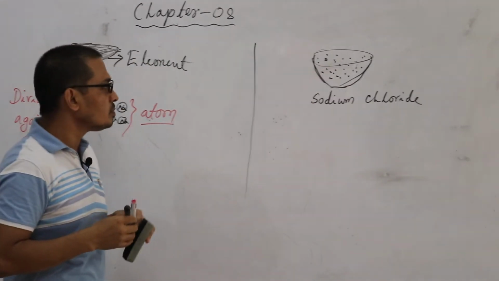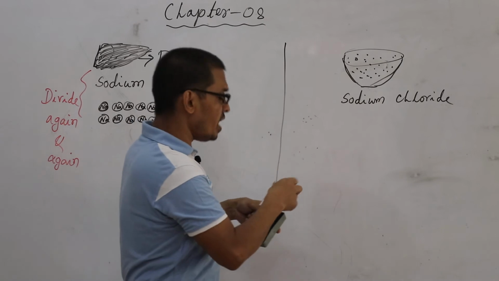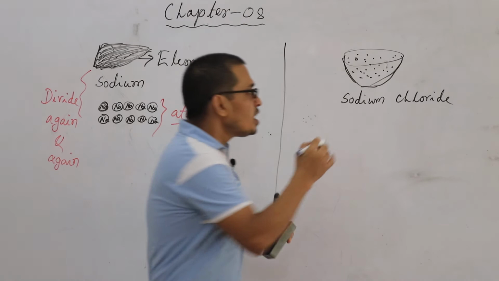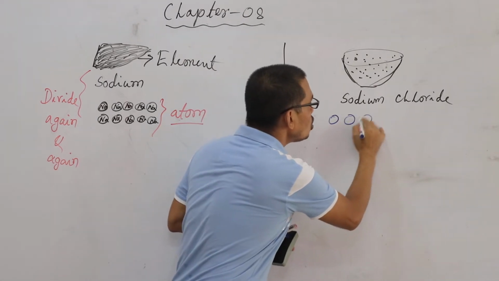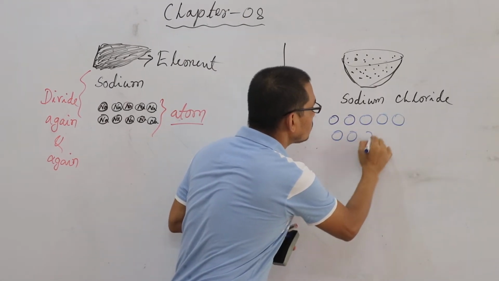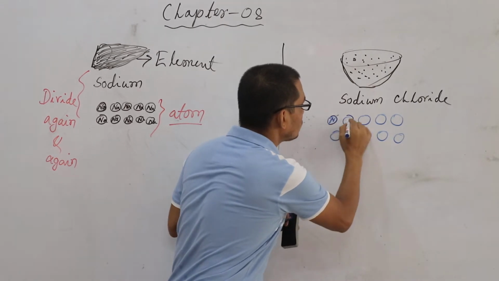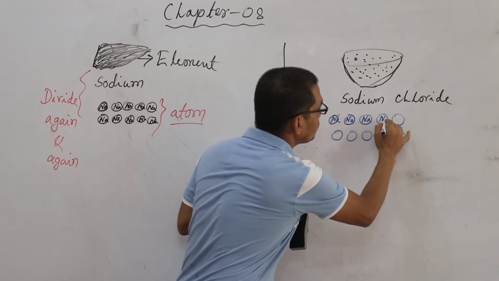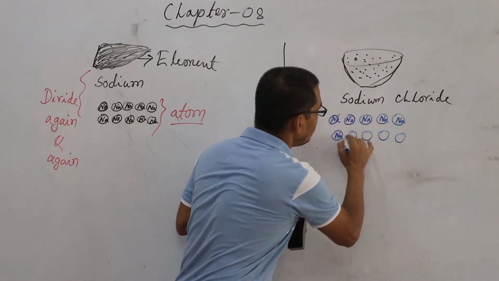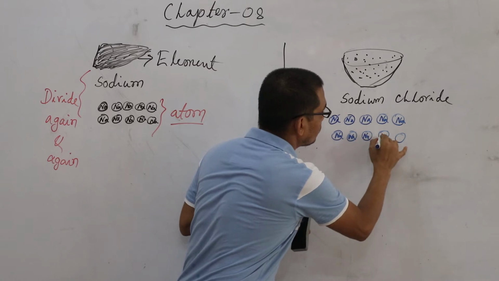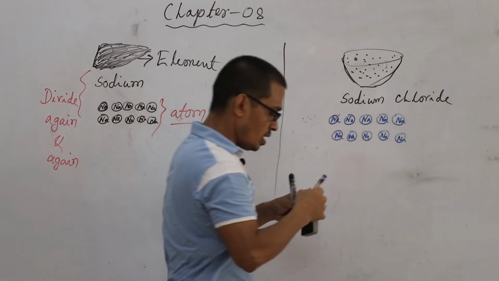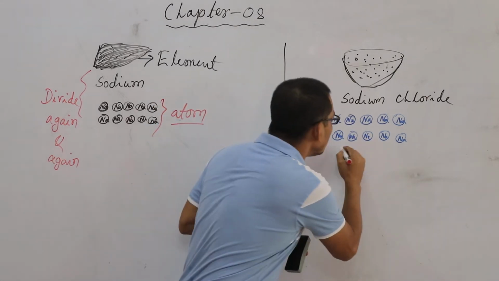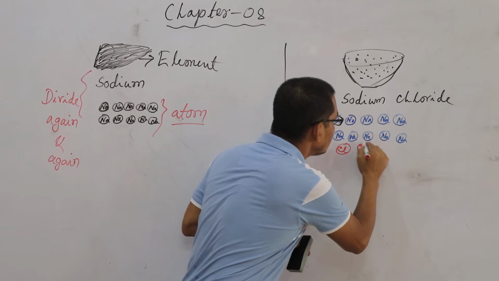If you break sodium chloride again and again, you will get two types of particle: Na, and another type of particle, chlorine, Cl.